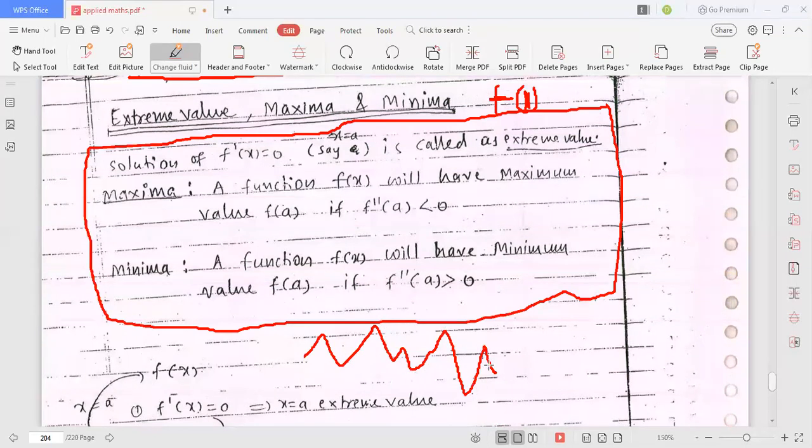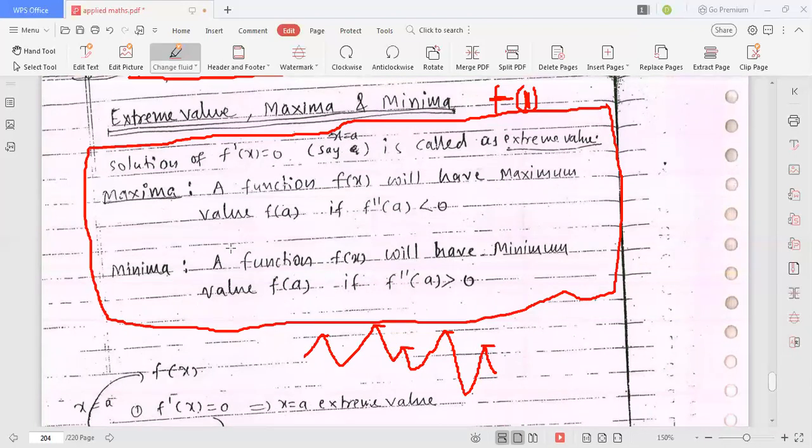Then all points which are at the peak are called maxima for this function. So here I have shown many peak points for this function, and all these 4-5 points which we can see are all maxima for this particular function.